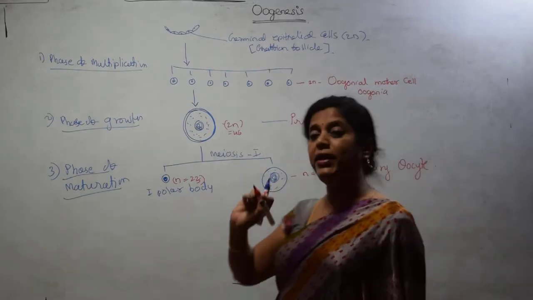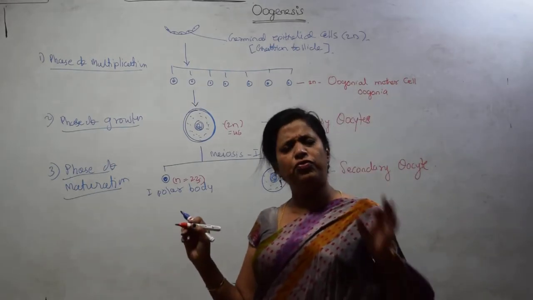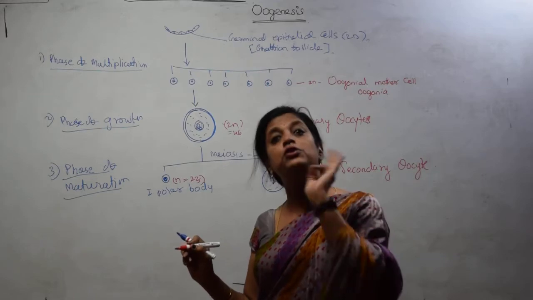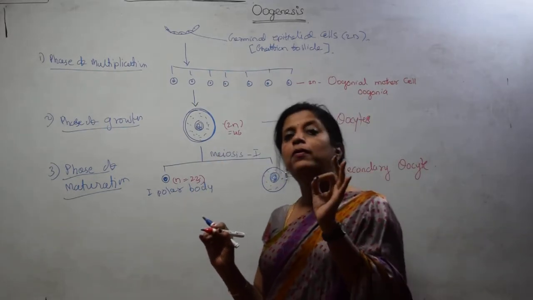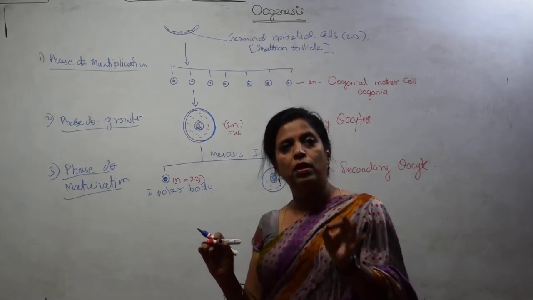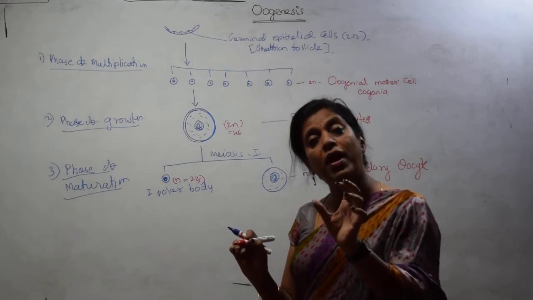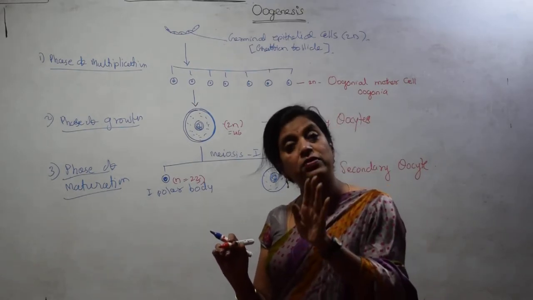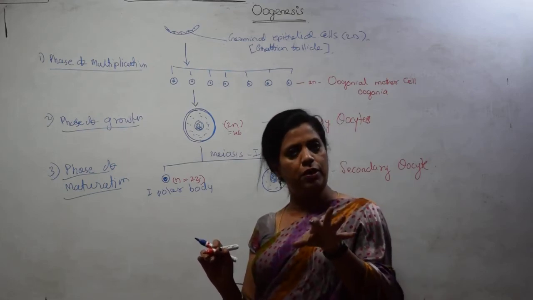So meiosis 1 itself is reductional cell division. But you have to remember this point without fail. During meiosis 1 of oogenesis, the cytokinesis is unequal, whereas karyokinesis is reductional cell division. Reduction means chromosome number is reduced to half.